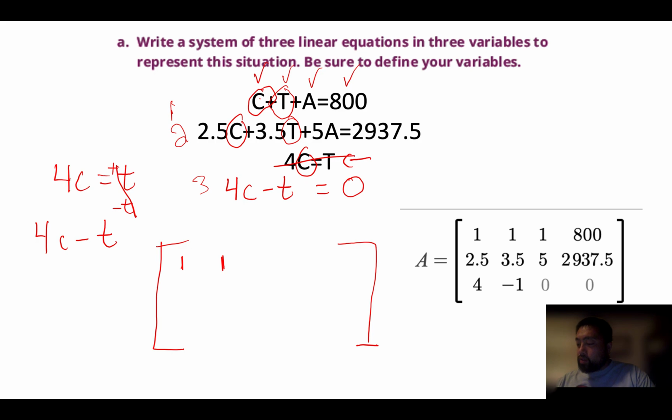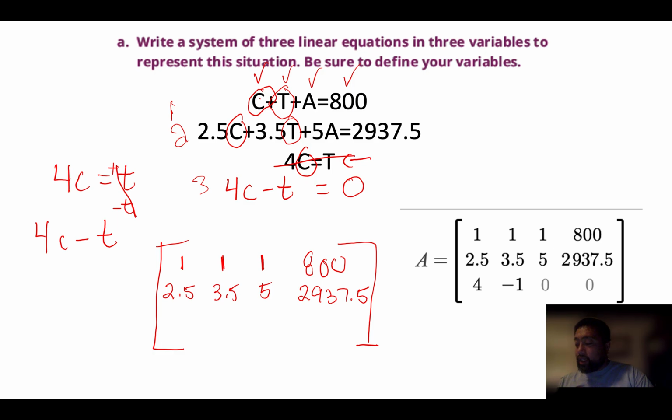1, 1, 1, 800. The next set of numbers is 2.5, 3.5, 5, and 2,937.50. The next one is a little weird.